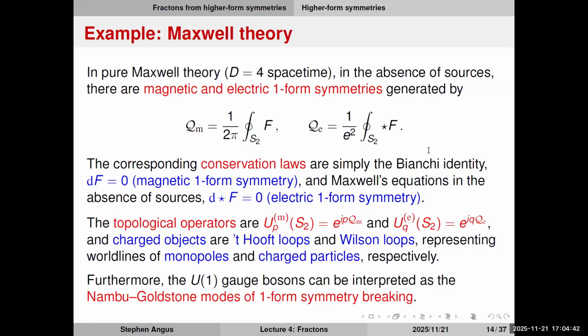The corresponding charged objects are 't Hooft loops and Wilson loops, which represent world lines of magnetic monopoles and electrically charged particles, respectively. In addition, as I mentioned yesterday, the U(1) gauge bosons can be interpreted as Nambu-Goldstone modes of one-form spontaneous symmetry breaking.